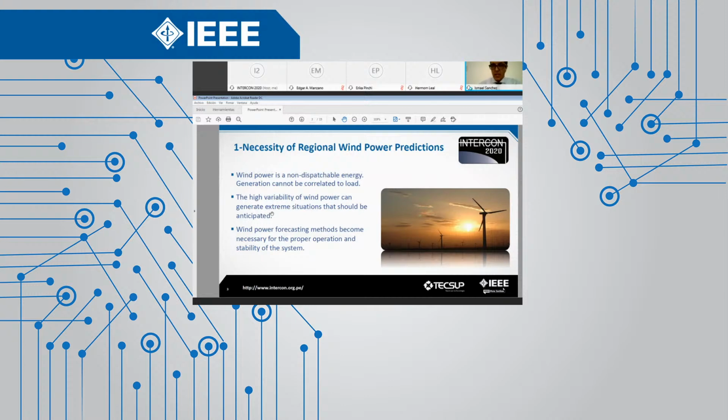Therefore, it depends on the variability of wind, which is a stochastic variable. And in many cases, the wind has a high variability that can provoke important problems, even though the system can accommodate some fluctuation. Traditionally, all the agents, transmission system operators and utilities, have their own forecasting tools to predict the energy that they can supply in the next time.